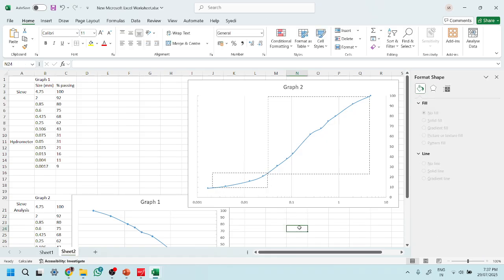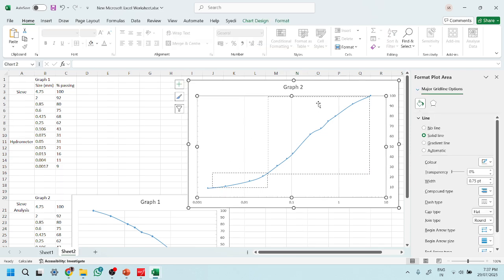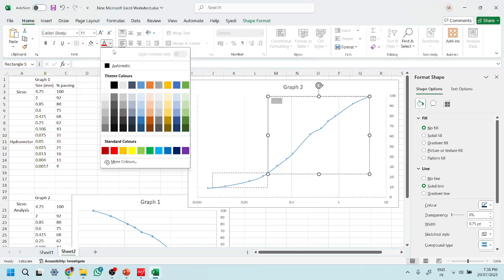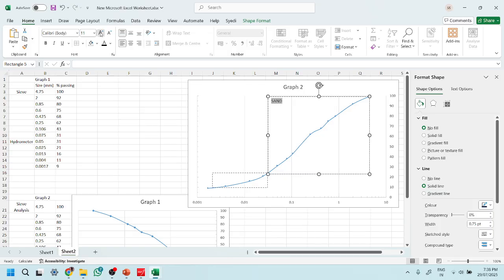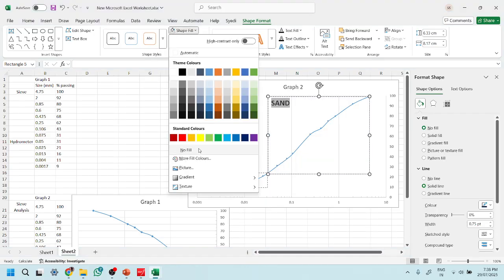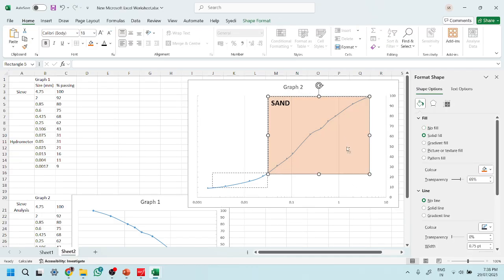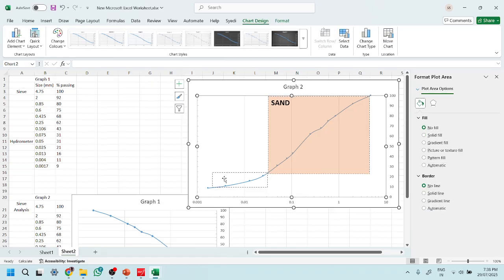So above this is gravel, this is sand. Silt color. This is silt.